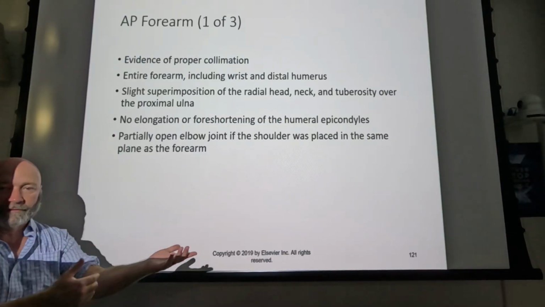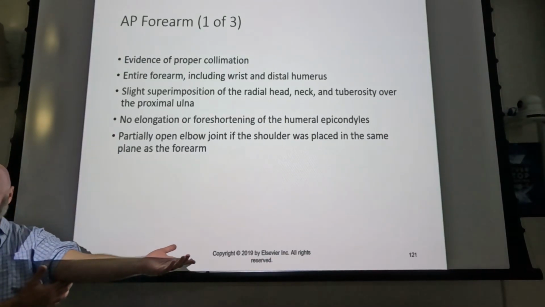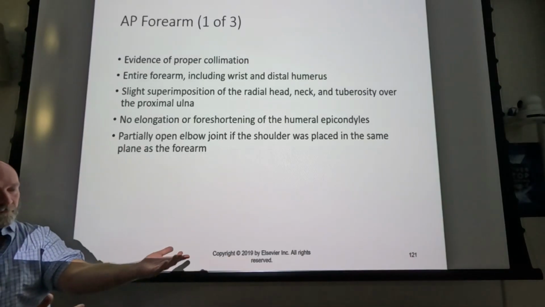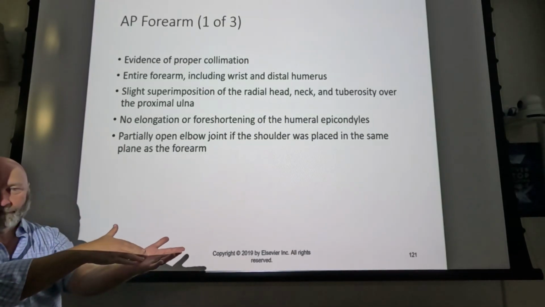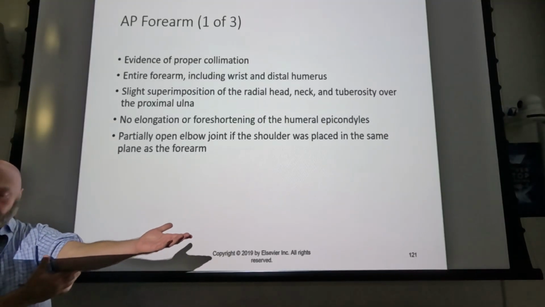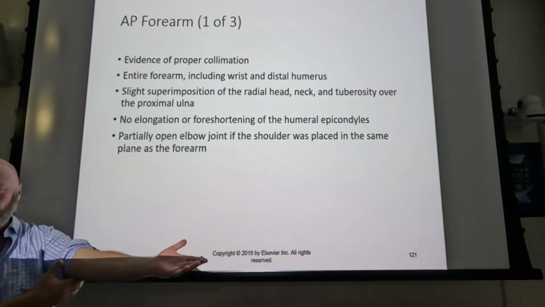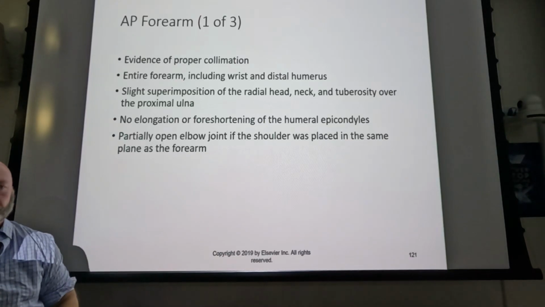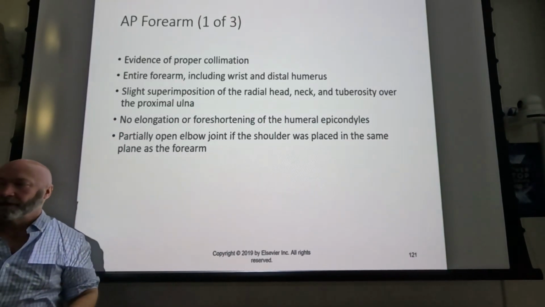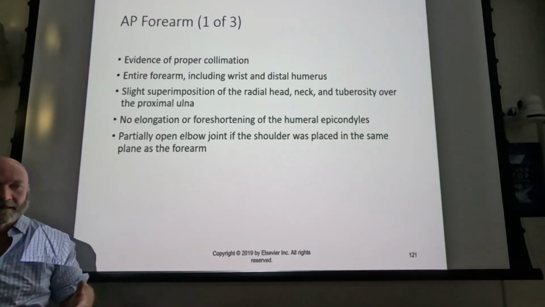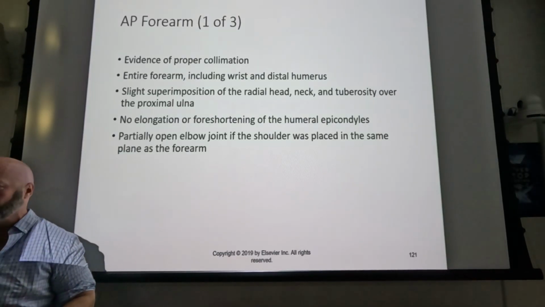You also need to make sure that you include all the carpal bones as well. So your central ray is at the center of the forearm, and you're probably going to include maybe half of the metacarpals, and then the distal portion of the humerus to make sure that you include the radius and ulna. So you're going to need a big image receptor. If you happen to be working somewhere that has multiple size image receptors, you're going to have to use the big one.